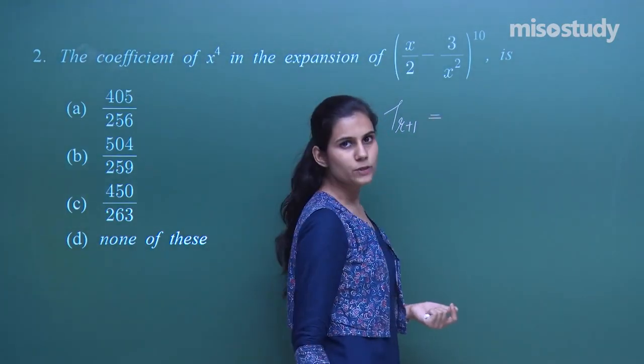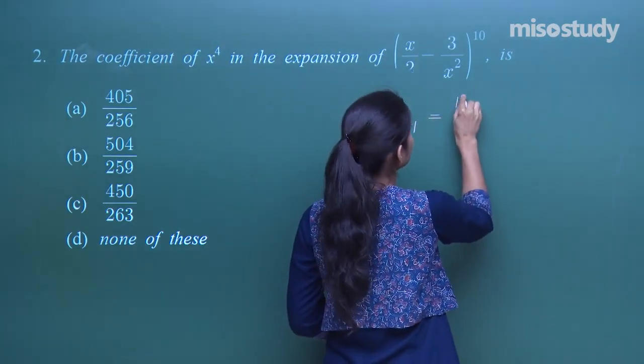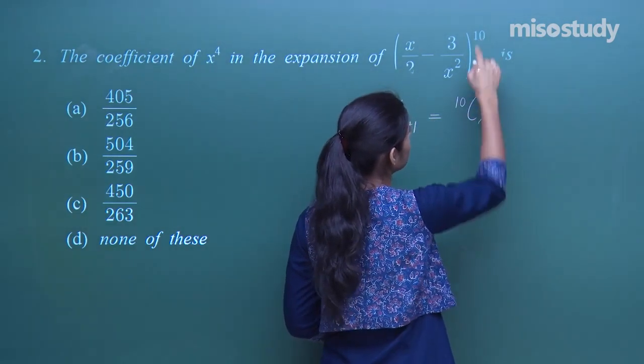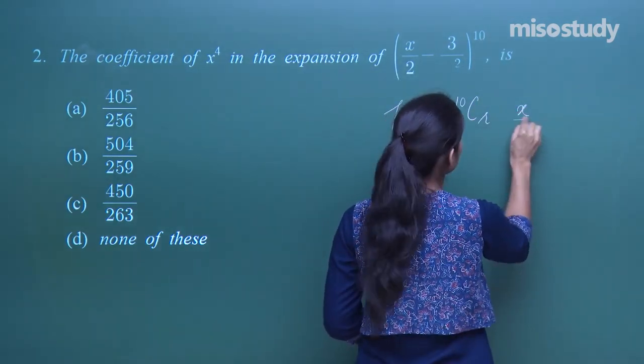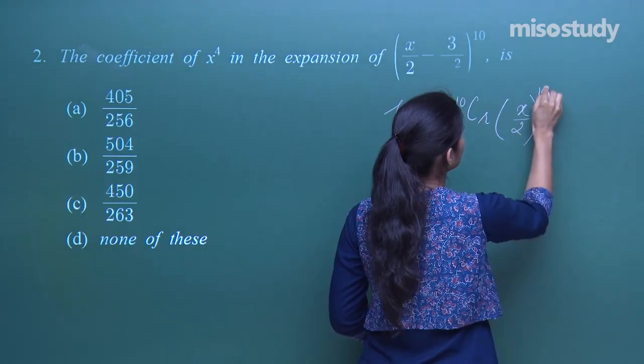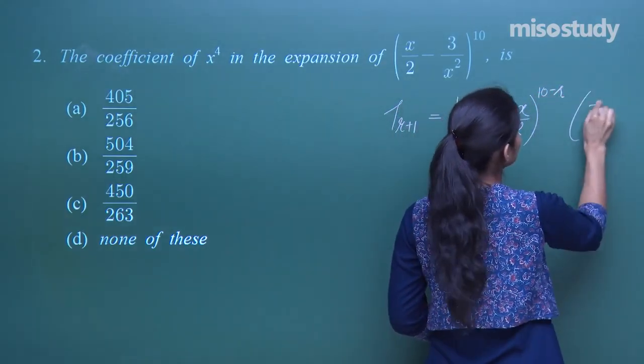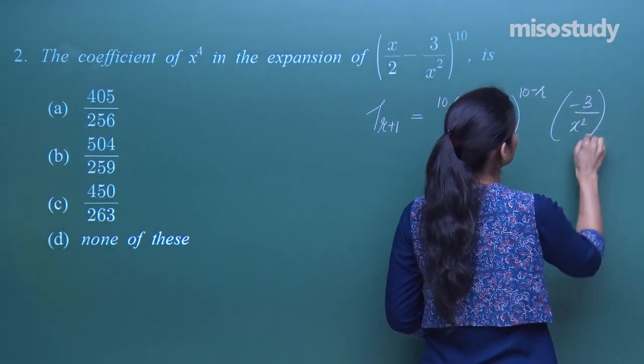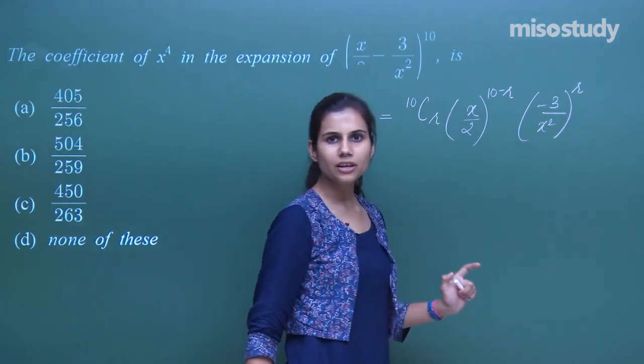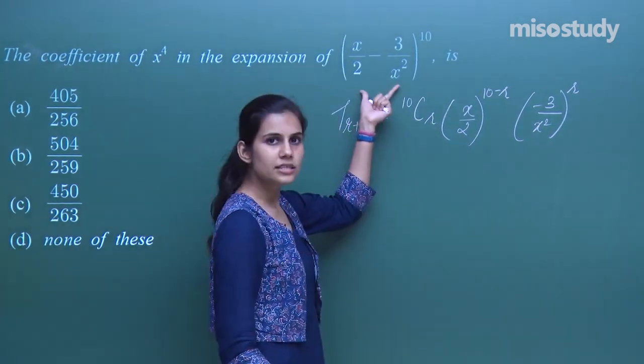So T(r plus 1) is 10Cr, (x by 2) to the power 10 minus r, (minus 3 by x square) to the power r. This is the general r plus 1th term in this expansion.